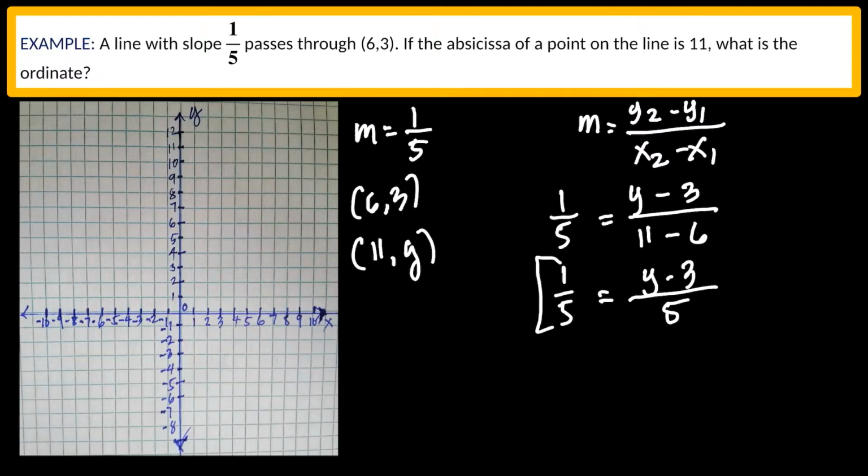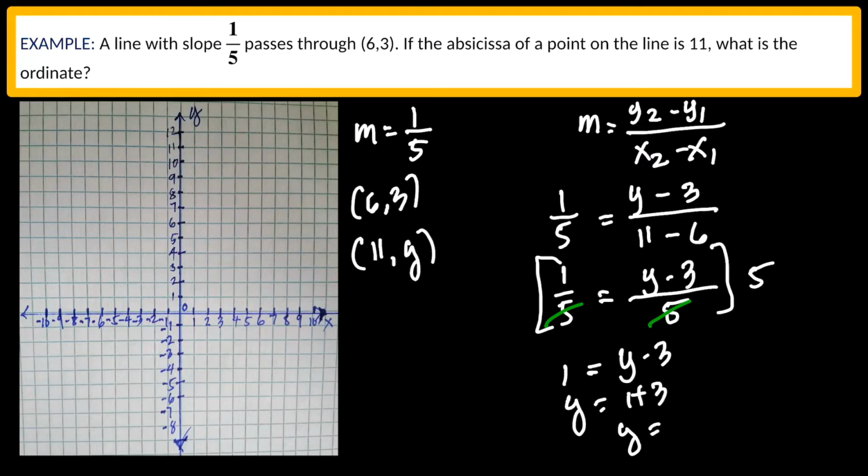Alright, so simplifying this further, we can multiply both sides by 5. Okay, and so we have 1 equals y minus 3. It's y equals 1 plus 3 and y equals 4. Therefore, the coordinate of the other point is (11, 4).